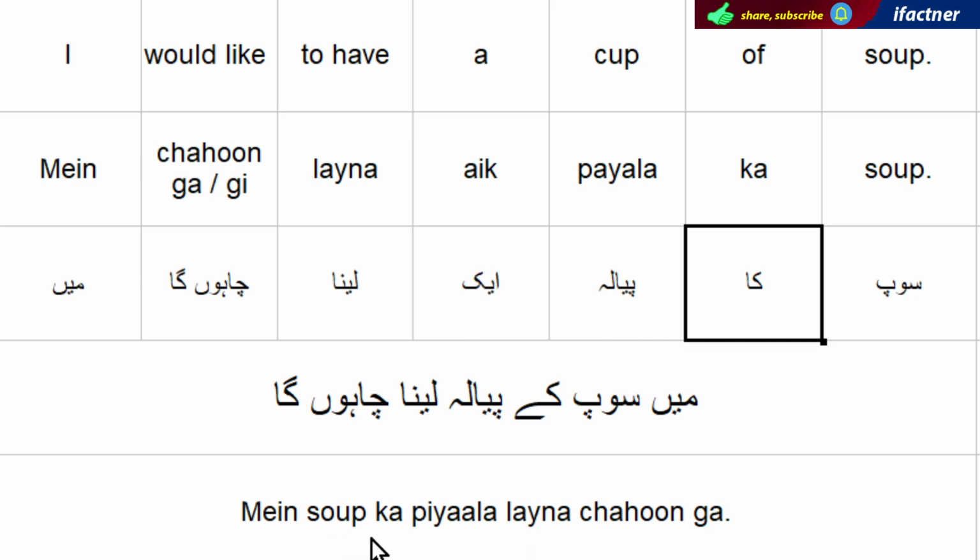So in Urdu we don't say मैं सूप का एक प्याला लेना चाहूँगा, but we simply say मैं सूप का प्याला लेना चाहूँगा for male and मैं सूप का प्याला लेना चाहूँगी for female. I would like to have a cup of soup.